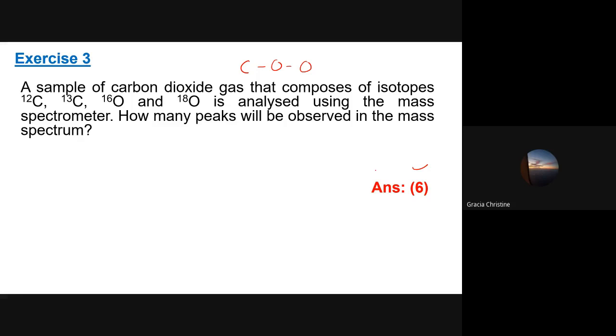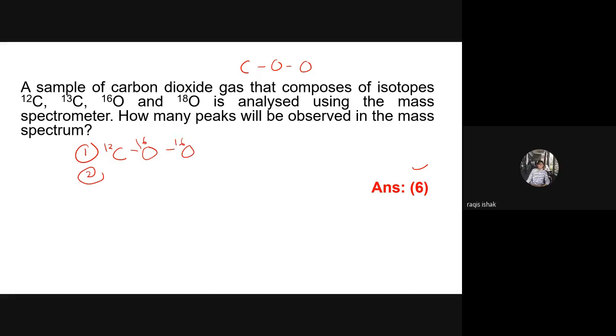Actually, this is probability: how many possible combinations of 1 carbon and 2 oxygen. First combination: carbon 12, oxygen 16, oxygen 16.